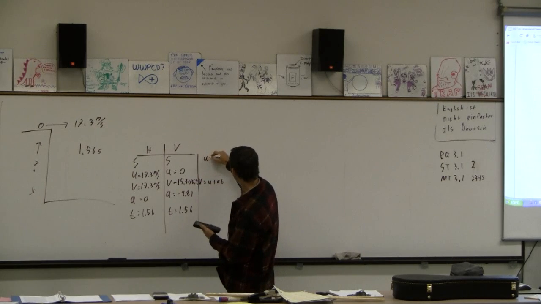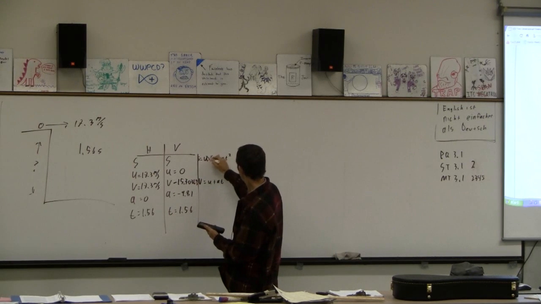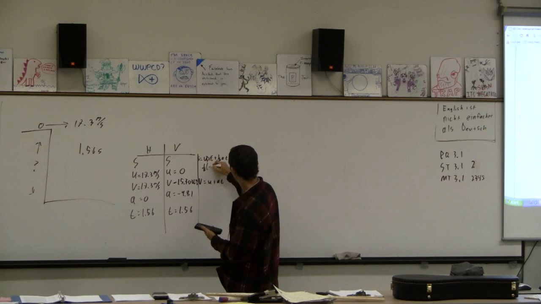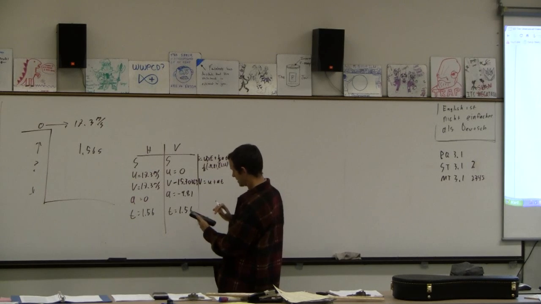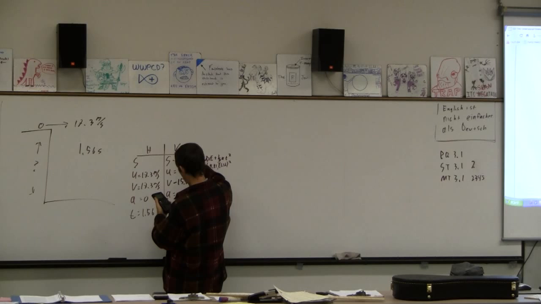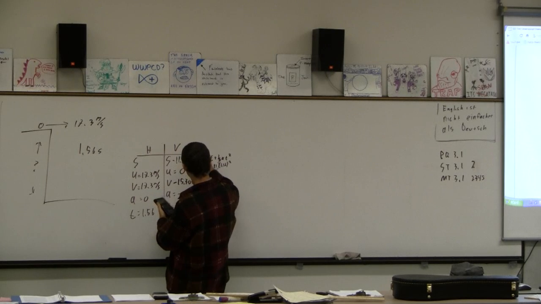And then I'm going to use S equals ut plus 1/2 at squared. U is 0, so 1/2, so 0.5 times negative 9.81 times 1.56 squared gives negative 11.9368.